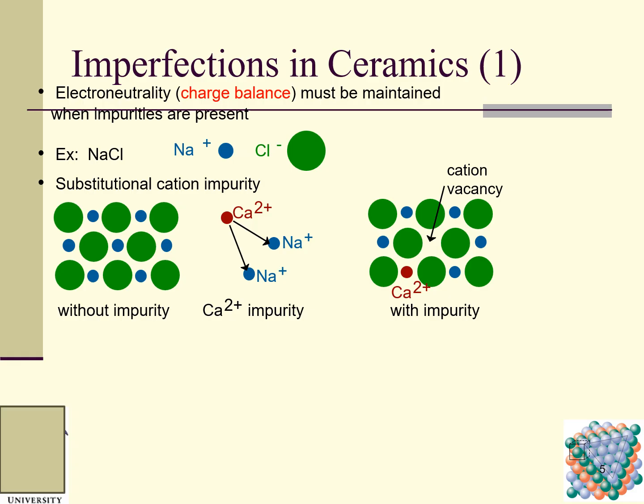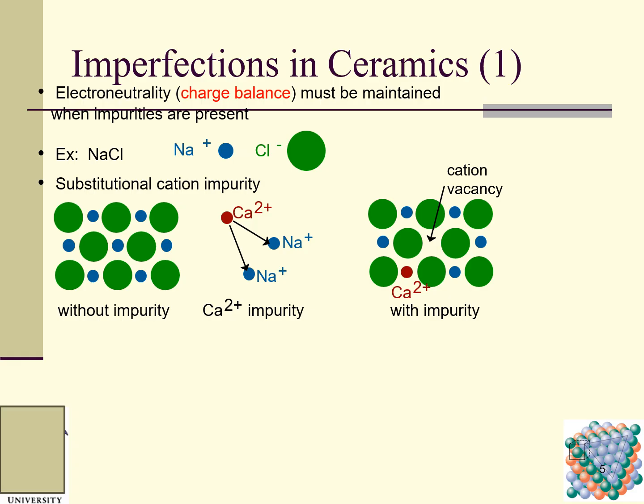One calcium cation can substitute for two sodium cations, because a sodium cation has only one charge, but calcium has two. So this is a calcium cation impurity, and here is a cation vacancy, because we have a 2+ cation here. This one carries two charges, and so this is an impurity.